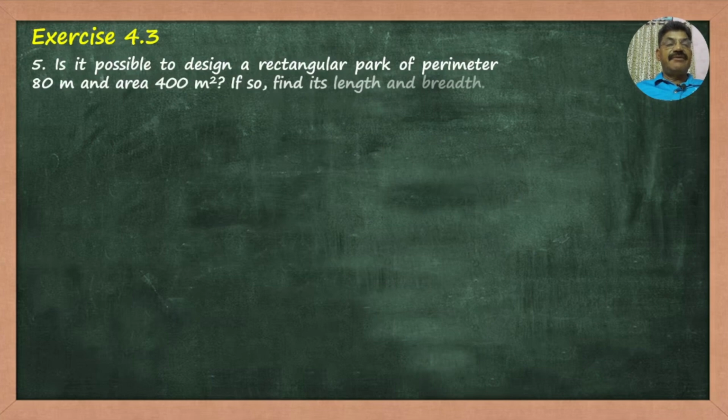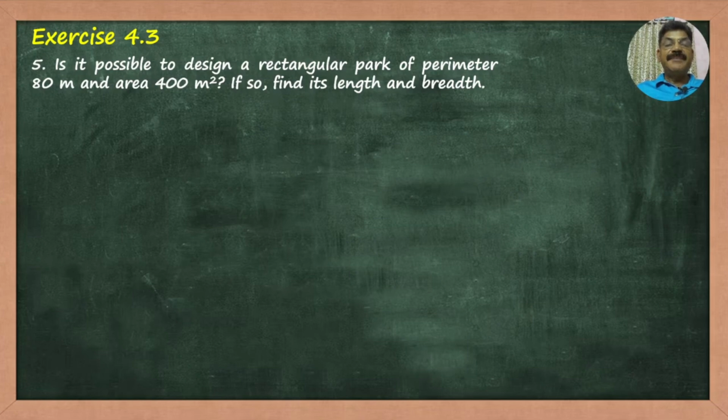Next, exercise 5. Is it possible to design a rectangular park of perimeter 80 meter and area 400 square meter? If so, find its length and breadth. So you read the problem carefully. What is given, what is required. Given perimeter of a rectangular park is 80 meter.